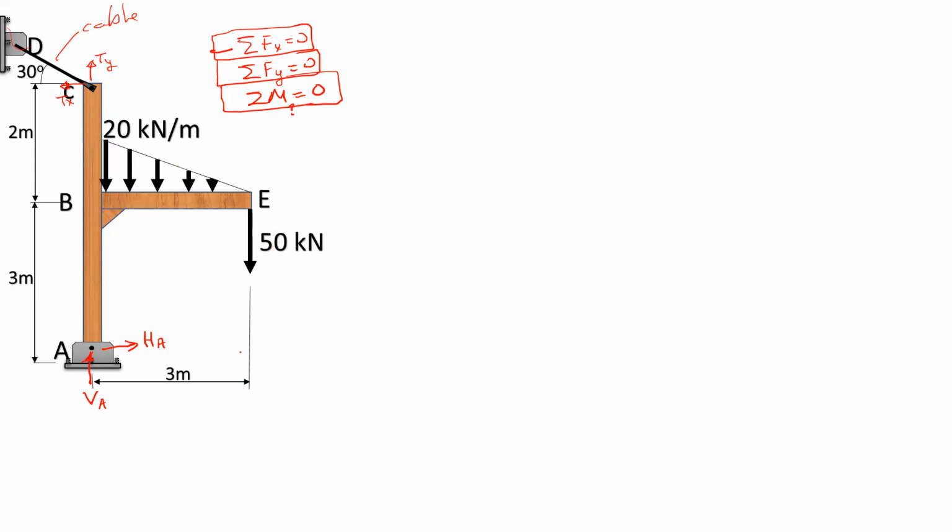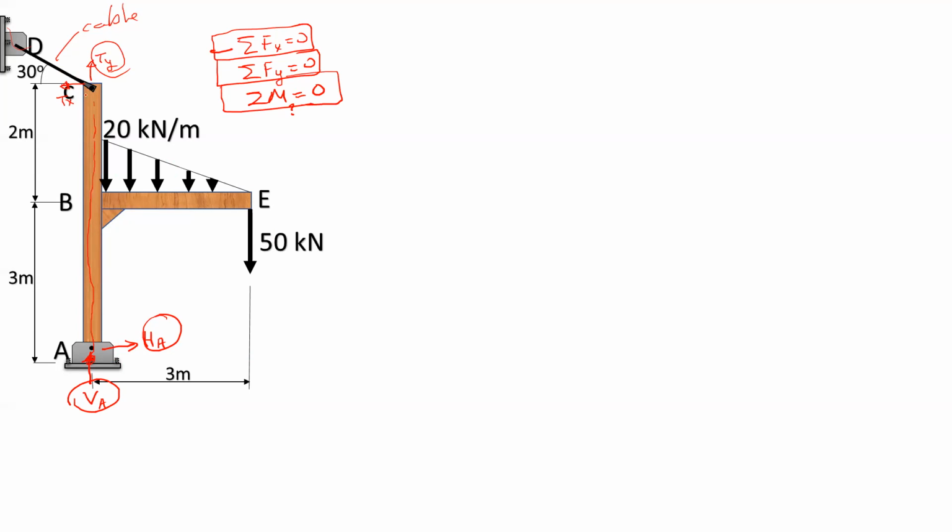Here, if I use the sum of the moments around point A, there is going to be no moment contribution for VA, and no moment contribution for HA, because HA and VA are passing through point A. Therefore, there are no moments for those two support reactions, and that's the same for the cable reaction Ty, because the extension of Ty here is passing through point A, so there's going to be no moment from it as well.